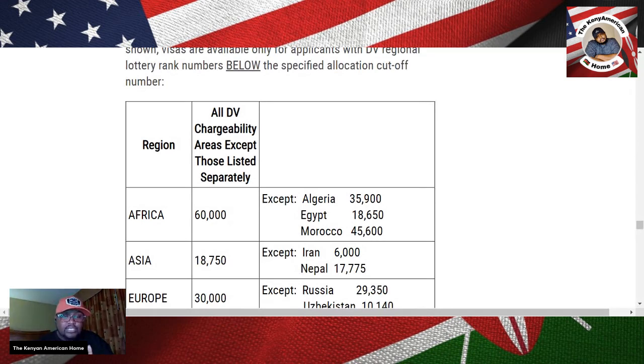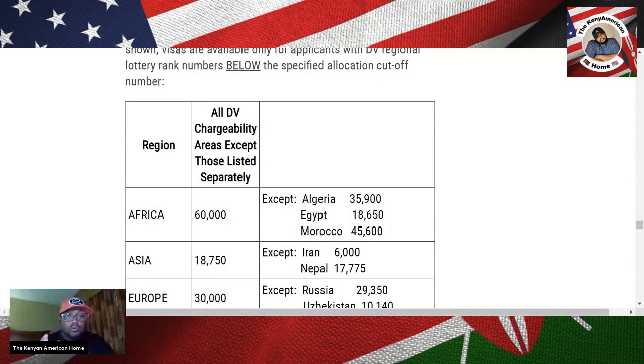Those three countries had really high selections in the DV 2023, so they are limited in numbers. But for everyone else, if your case number is 60,000 or below, you've ideally been given the green light for your case number to be processed.